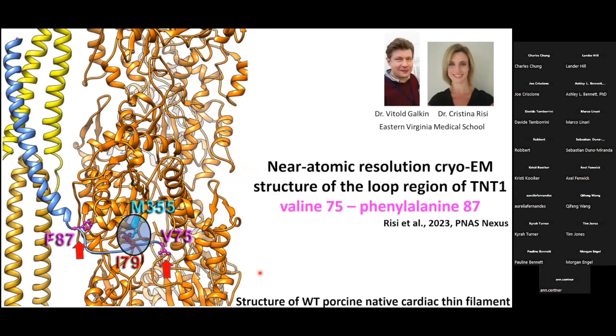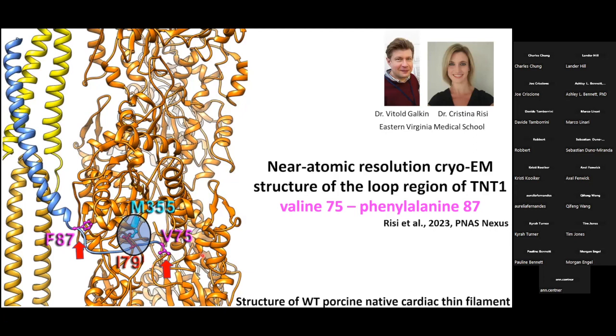Well, that's until recently, when Dr. Galkin and Dr. Christina Ricci, in collaboration with our group, improved the structure of the native cardiac thin filament. Now we have a near atomic resolution cryo-EM structure of the loop region of TNT1.